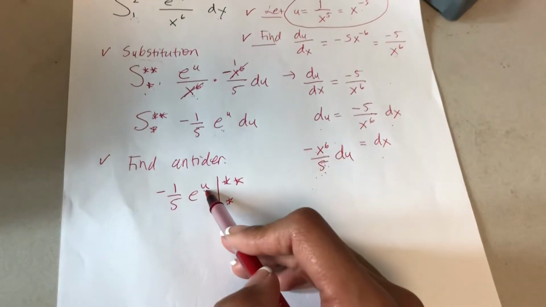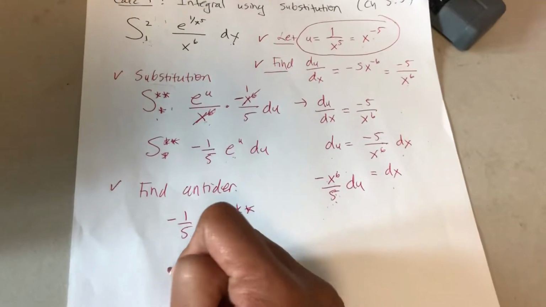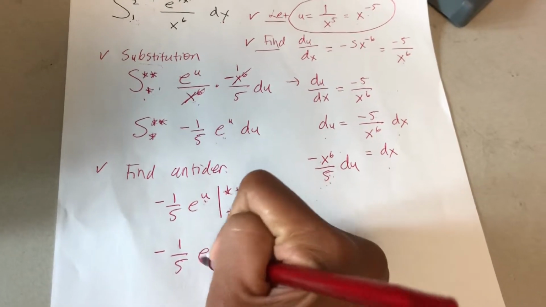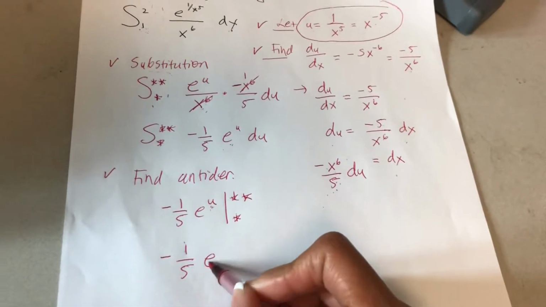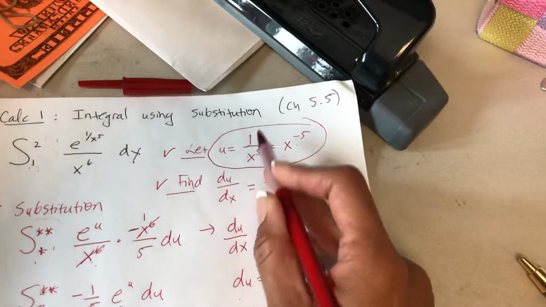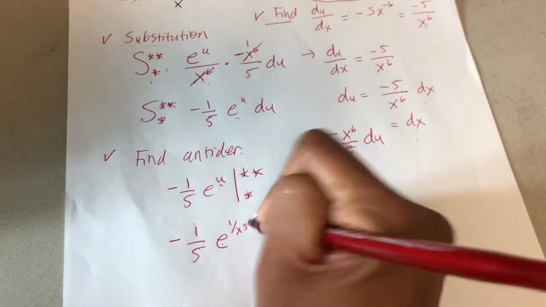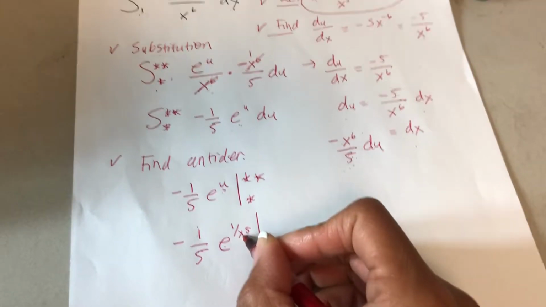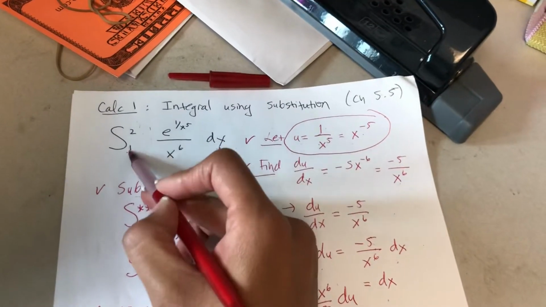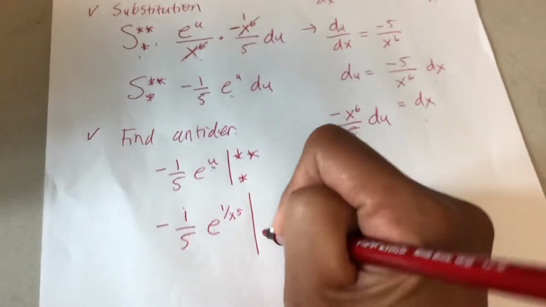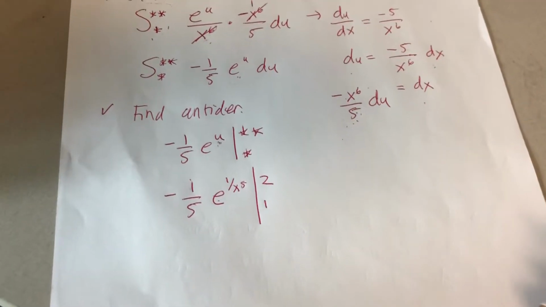This was just a temporary substitution. So negative 1/5 e to the u, where u is 1 over x to the 5th. So I'm going to put 1 over x to the 5th. And now that my x is back, I'm going to go back to these endpoints for x, 1 and 2.